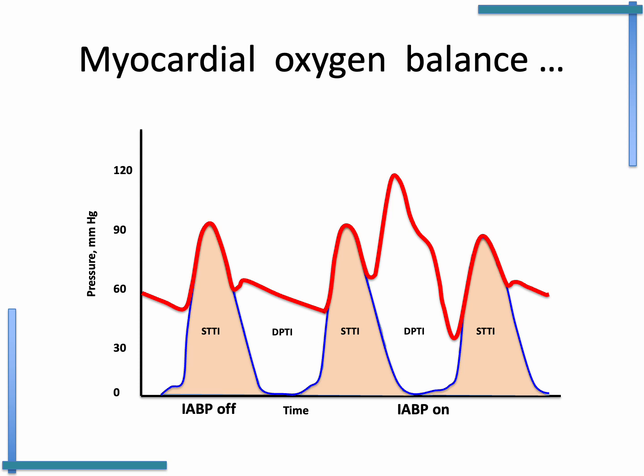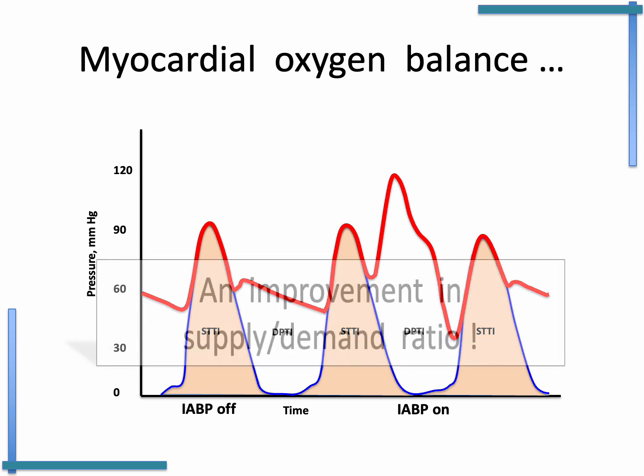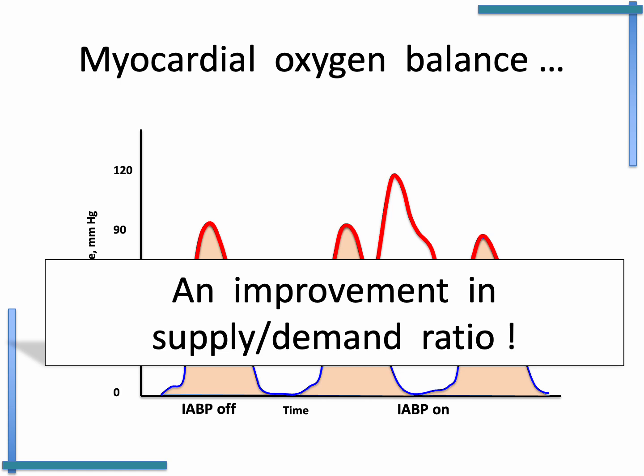And my graphic is not drawn so well, but this beat following the activation of the balloon would in fact be slightly smaller, achieve a slightly lower systolic pressure, and there would be less consumption of oxygen during that period of time. And so the big issue with the use of an intra-aortic balloon pump is that it's an implement to improve the supply-demand ratio of oxygen in the myocardium.